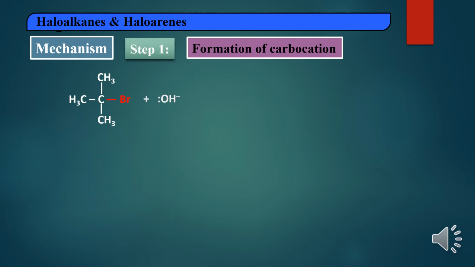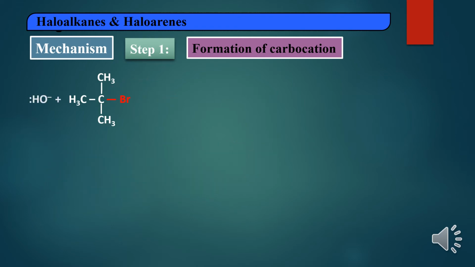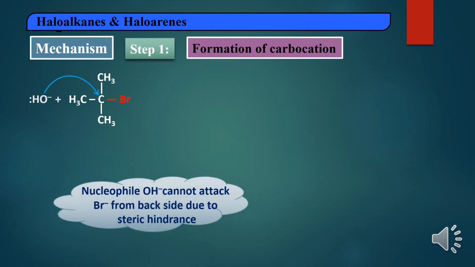Those bulkier groups will not allow the nucleophile to enter and get attached to the carbon atom. There is no possibility of attack from the front side or from the back side. That is nothing but steric hindrance, as bulkier groups are there. On the same side there is repulsion.